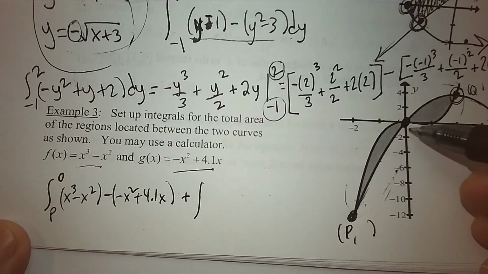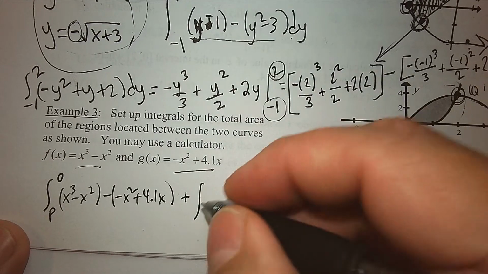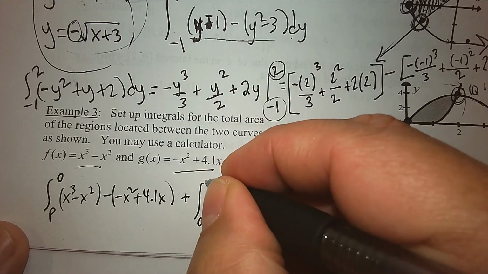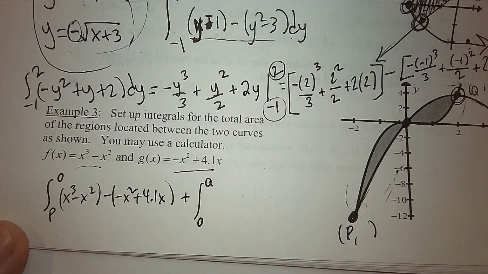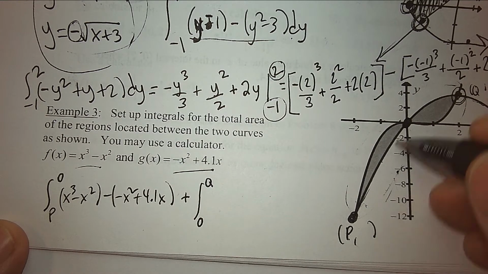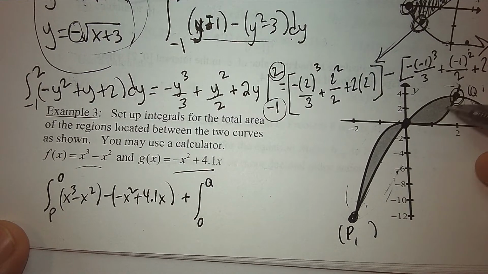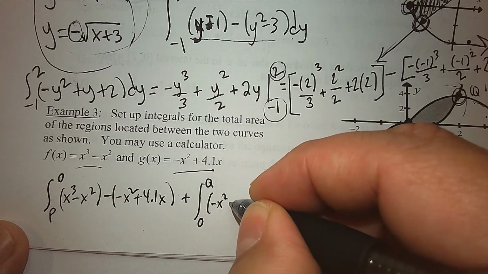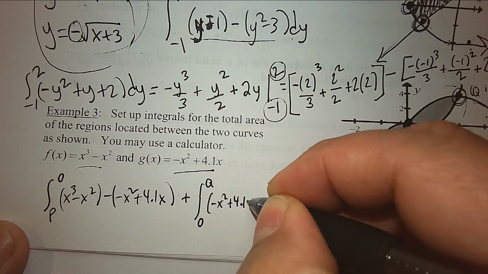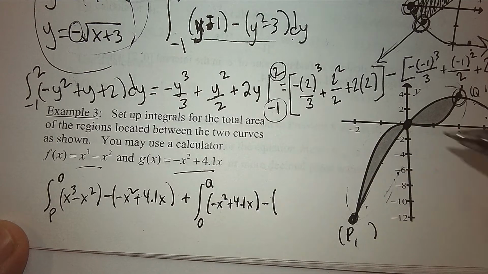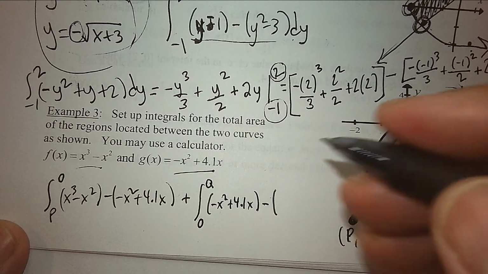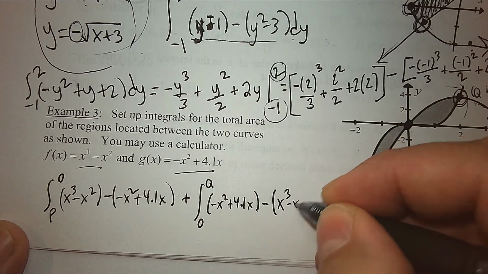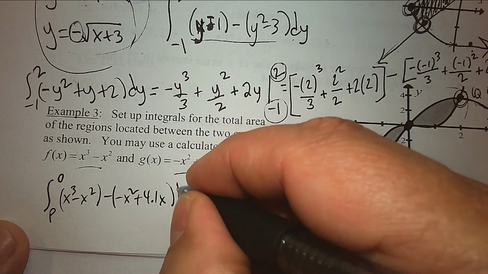The second one is going to go from 0 to q. And again, this time the upper one, upper subtract lower, is the parabola. So now it's negative x squared plus 4.1x on top. Subtract the bottom curve, which is x cubed minus x squared. And this in terms of dx.